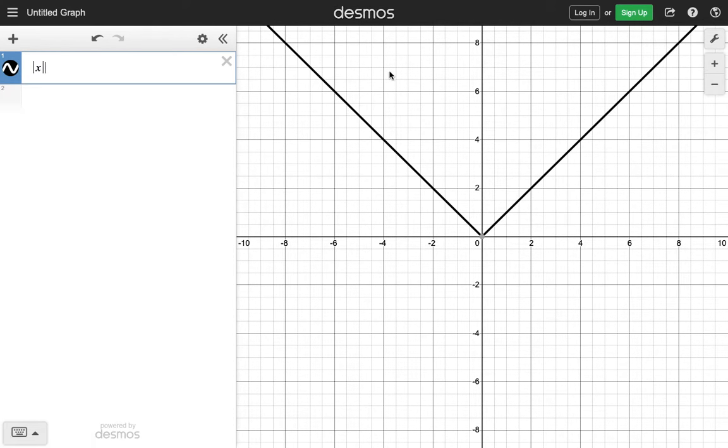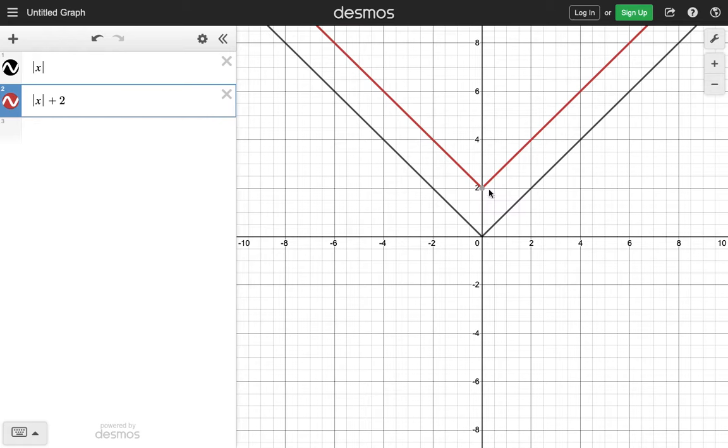If I was to do absolute value of x plus 2, it goes up 2 on the vertical, on the y-axis. So the same rules that we've done up to this point apply here too. If you add outside the absolute value symbol, you're going to go up.